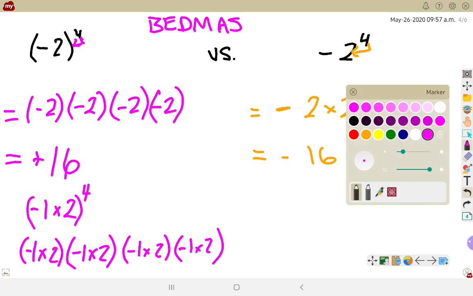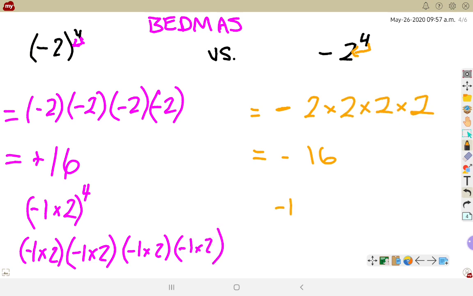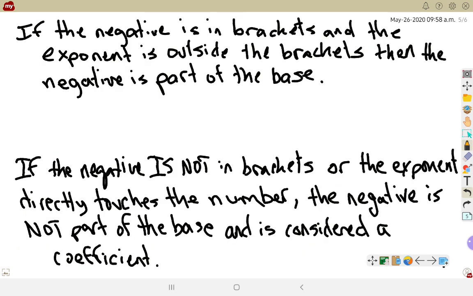But when I'm looking at my other one, if I write it as negative 1 times 2, and I still have that exponent of 4, now the exponent of 4 is directly touching the 2 only, and so that negative 1 hangs out in front while the 2's multiply each other. So the negative in the brackets means that it's repeated and it is part of the base.